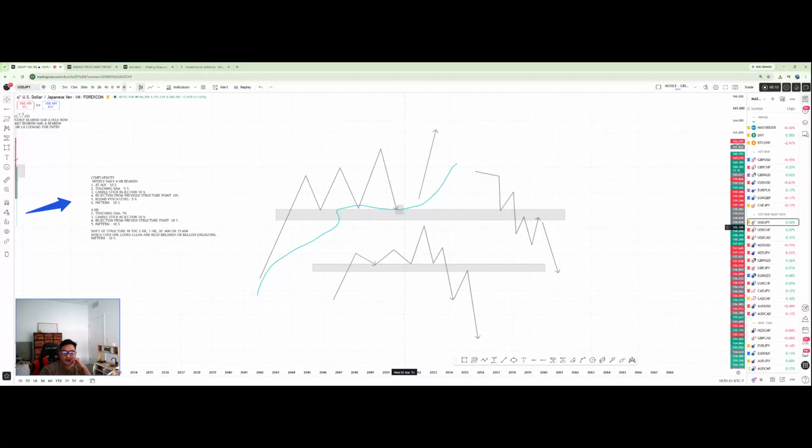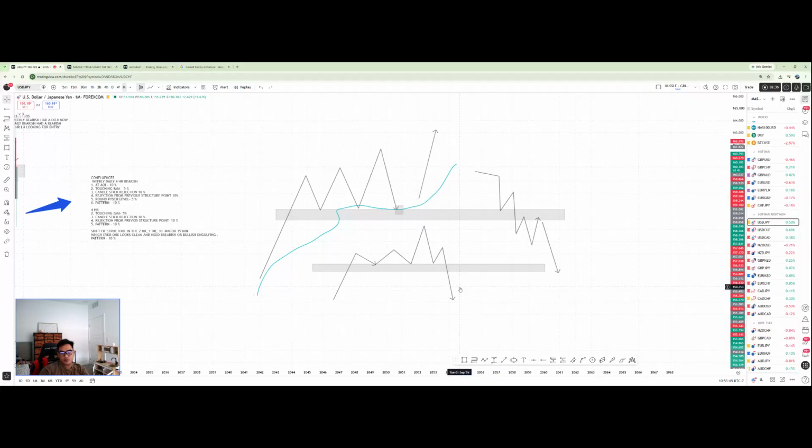Make sure if it's weekly, then the weekly closure, or if you have a bullish candle, that will be pretty much good confluence. That could be your very good confluence. You could put that as 10% on the weekly or daily time frame.